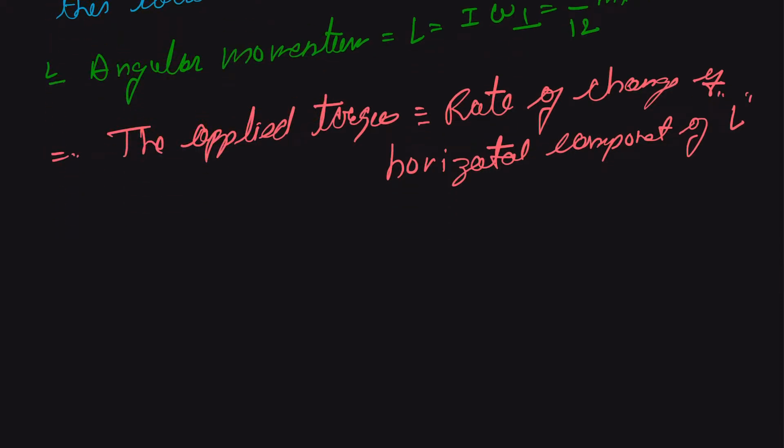So we can say torque is equal to dL/dt, and that will be equal to omega L cos of our theta.